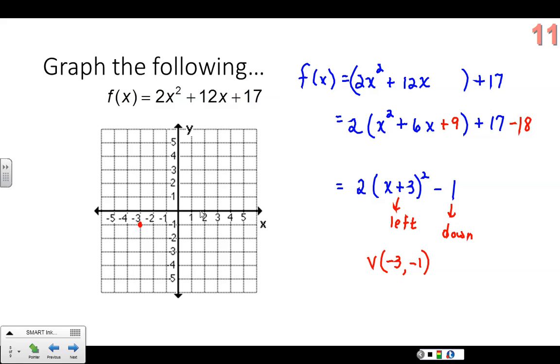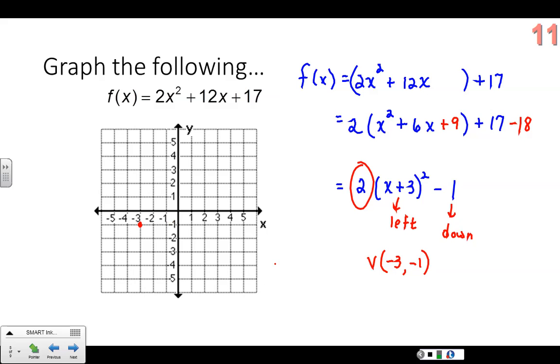There's my vertex. Since we're going to have the multiplier of 2 involved here, if you remember, that's going to make my parabola skinnier than normal. So it is very important that I try to get some correct points. Since the vertex is right here at (-3, -1), we know the axis of symmetry will run right through it. So let's pick some points to the left and right of it.